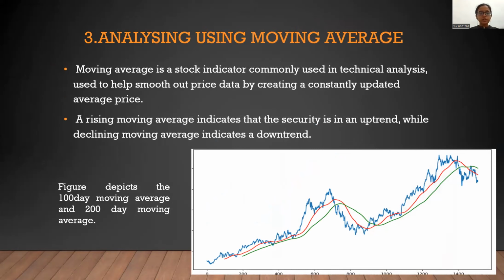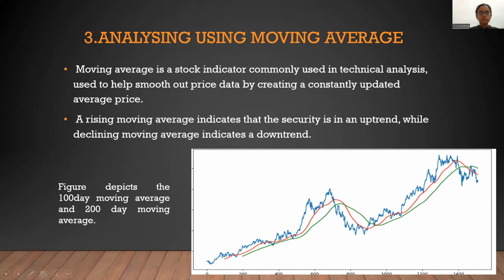Usually the moving average is calculated for 50-day, 100-day, 200-day moving averages, and so on. In the 100-day moving average, we calculate the average of the top 100 prices, and the average will be updated from the 101st row.